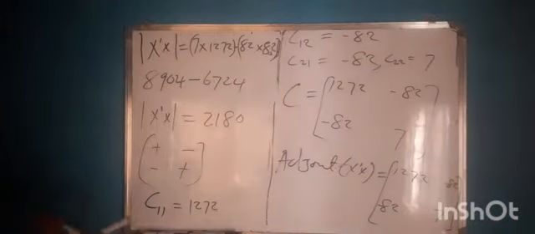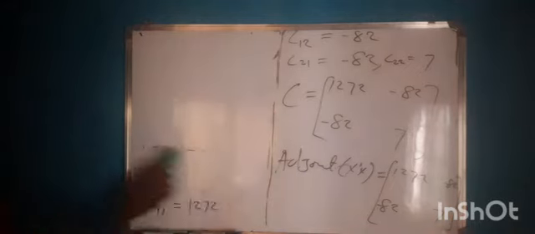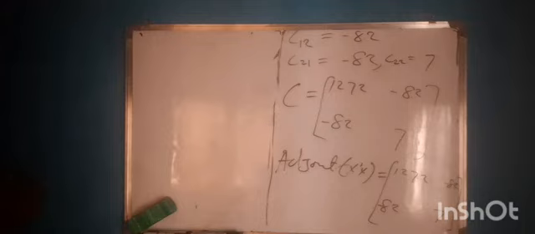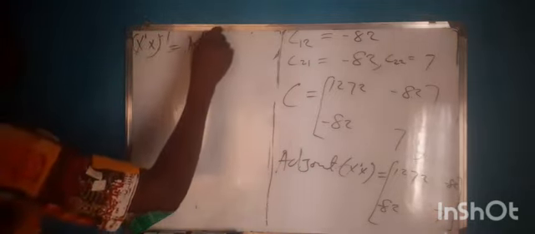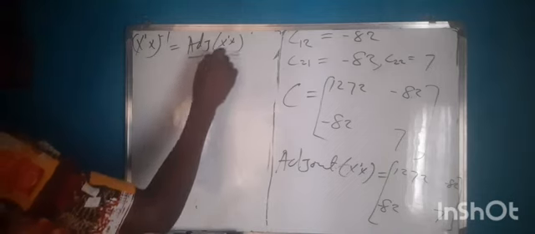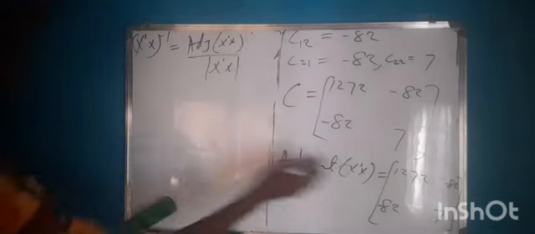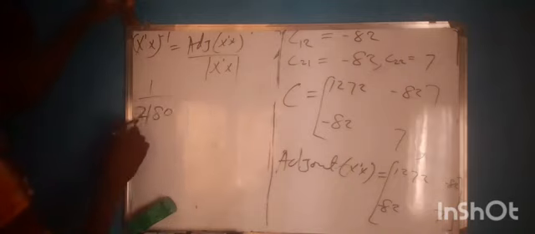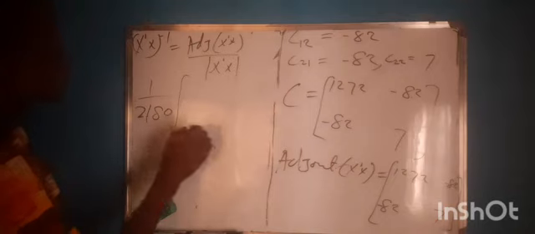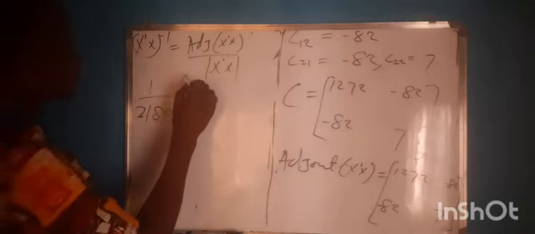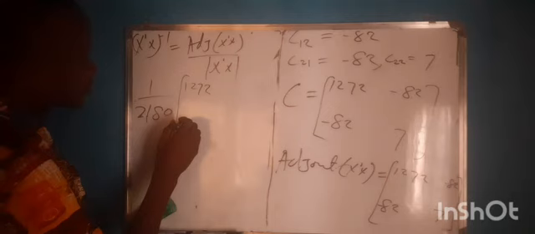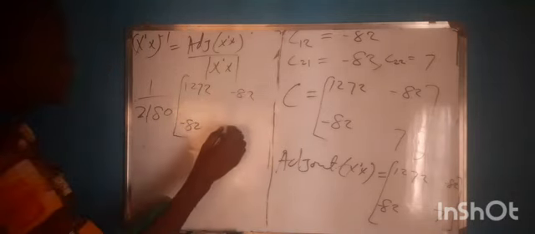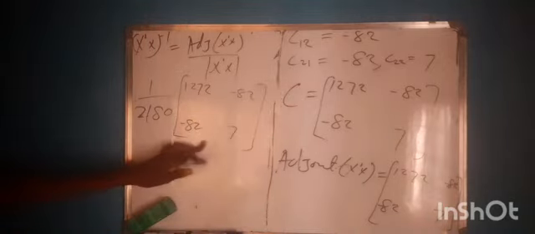This is the adjoint of this matrix X transpose X. Now the inverse, which is given as X transpose X inverse, is equal to the adjoint of X transpose X all over the determinant of X transpose X. So our inverse is 1 over our determinant, 2180, times the adjoint, which is 1272, minus 82, minus 82 and 7. So this is the inverse of this matrix.